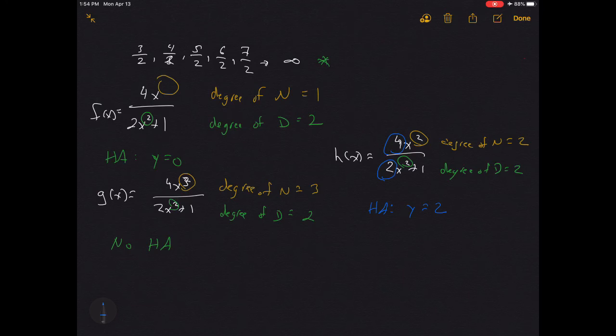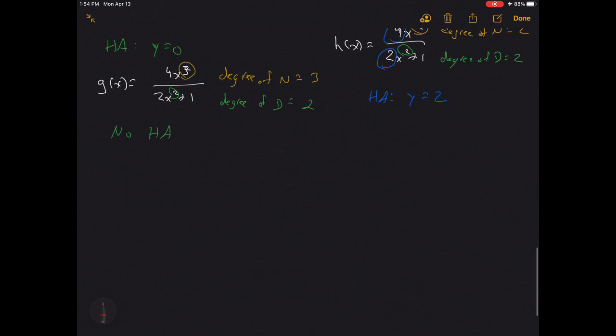So let's go ahead and recap. You have three things to look for here when we're talking about horizontal asymptotes. To find a horizontal asymptote, if the degree of the numerator is greater than the denominator, so the top is going to grow faster than the bottom, that means the fraction keeps getting bigger and bigger and bigger.